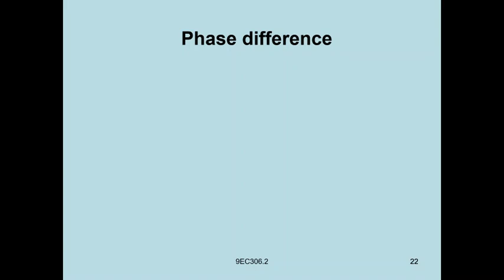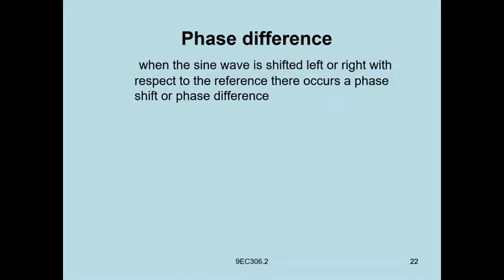So what is the phase difference? When the sine wave is shifted left or right with respect to the reference, there occurs a phase shift or phase difference. It is very important to know this phase difference because we will be using resistors, inductors and capacitors, and a phase difference occurs when alternating current flows through capacitors and inductors.